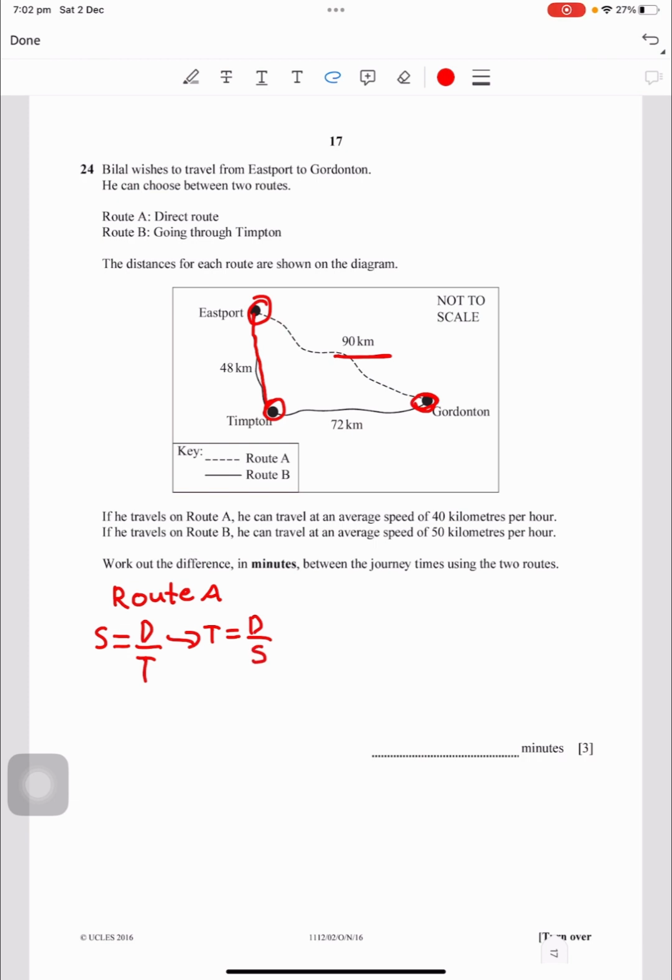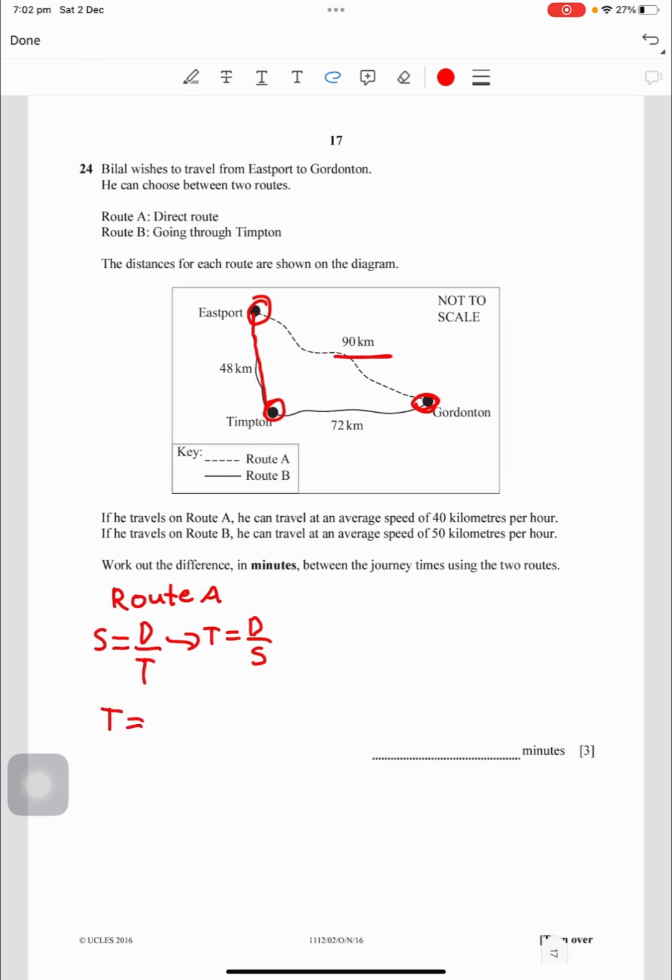So time is equal to 90 kilometers divided by 40 kilometers per hour, and we'll multiply this by 60. So it is equal to 9 by 4. We can simplify this with the zeros, times 60. So we can simplify, and we will multiply this by 15. And we get 135 minutes.